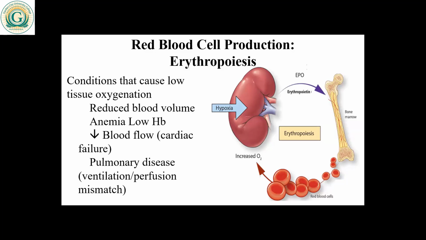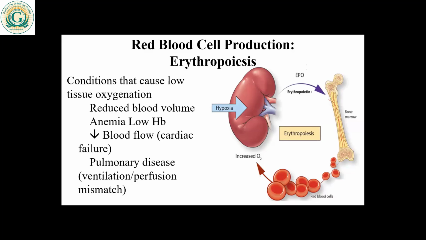And we've already stated that the red blood cell functions to transport oxygen to every cell in the body. And therefore, if we don't have enough oxygen reaching every cell, then the body signals the bone marrow to produce red blood cells. Now, when we have less oxygen reaching the tissues, we term it as hypoxia.